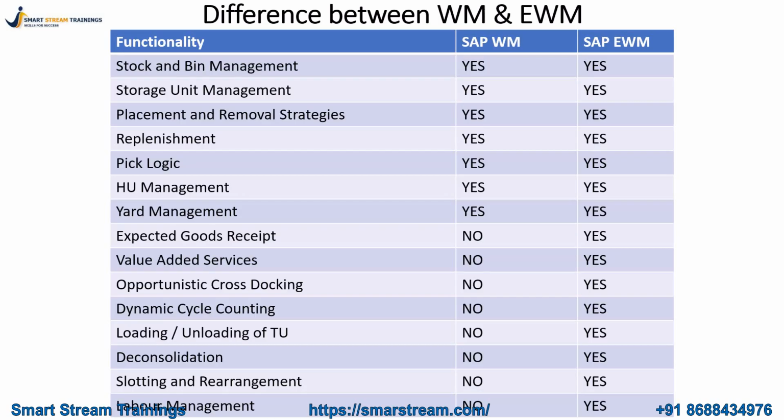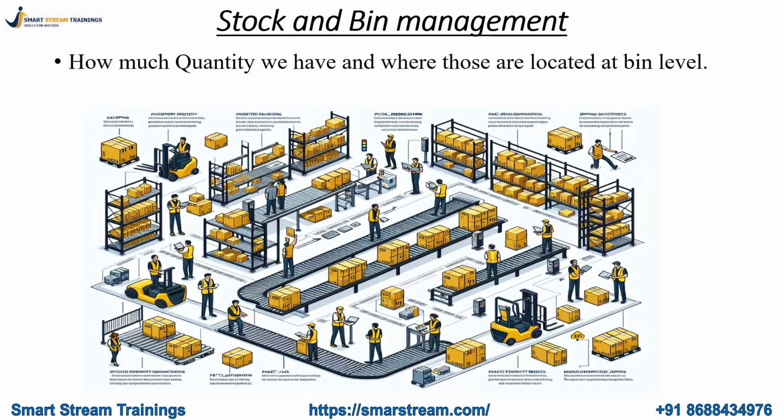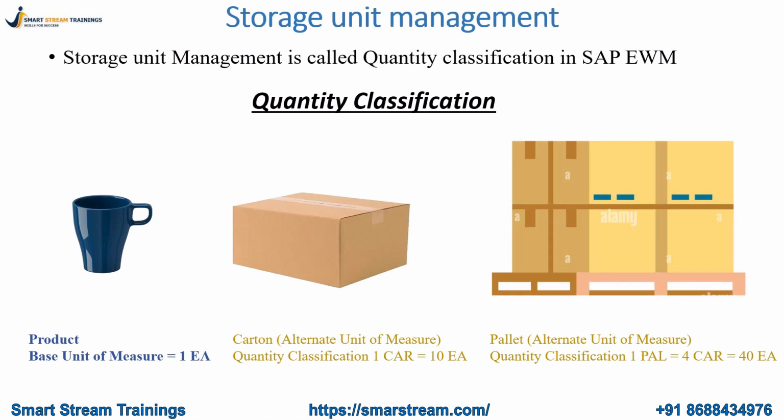What is a storage unit? A storage unit is nothing but the unit in which you're going to calculate the quantity of the products. Storage unit management is called quantity classification in SAP EWM. So in which units are you storing the product?